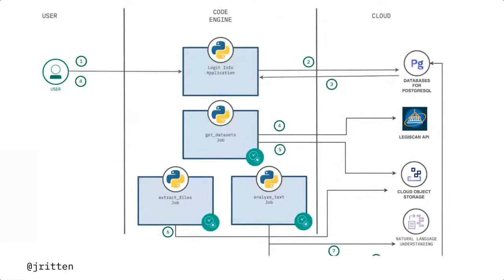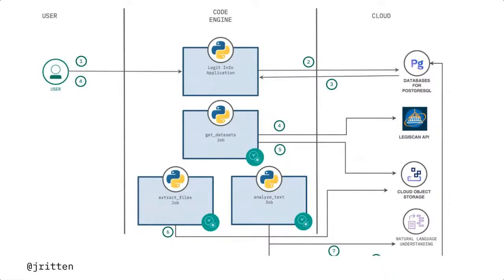Their job, basically, get data set works with this thing called the LegiScan API. It grabs all of the legislation from there and stores it into Cloud Object Storage. Then extract file looks at Cloud Object Storage and extracts the legislation, the actual text. And then analyze text uses natural language understanding to figure out if the legislation should be categorized as healthcare or environment or education or whatever.